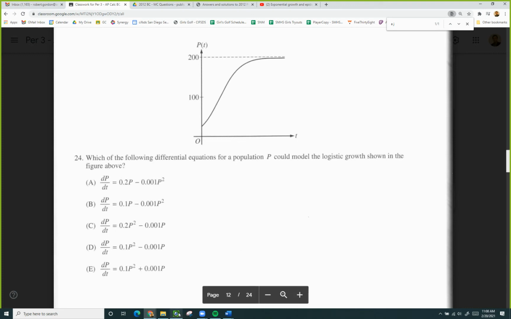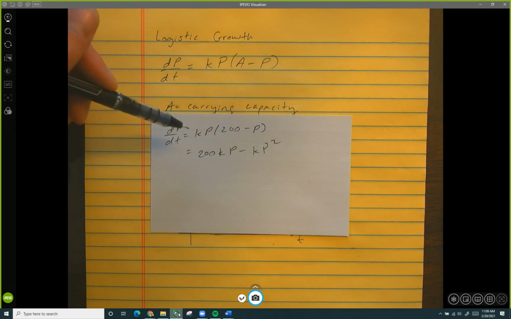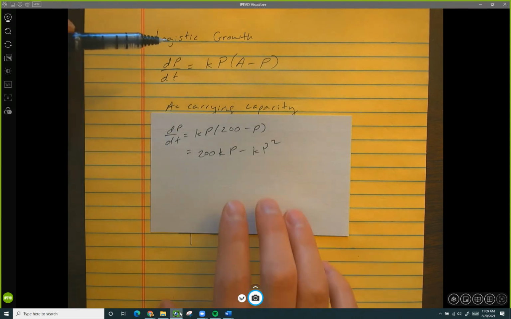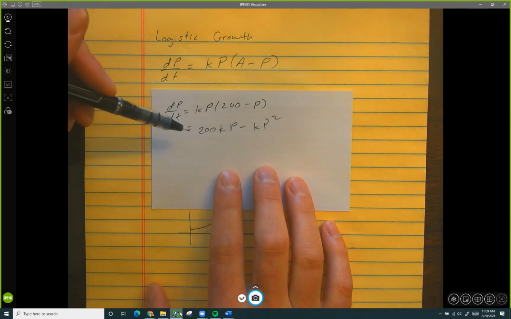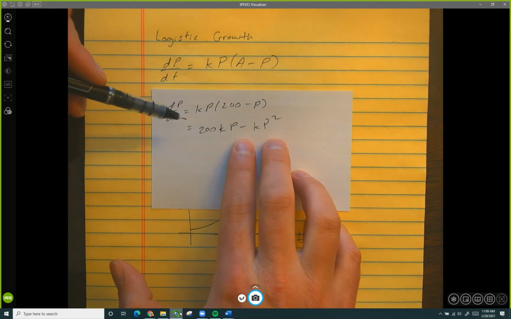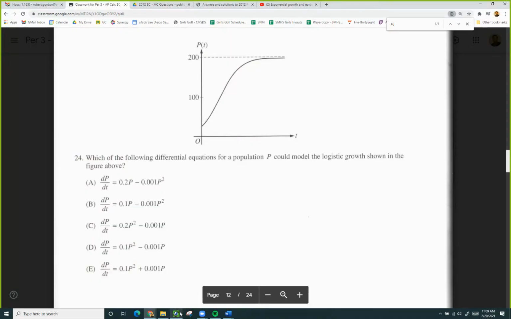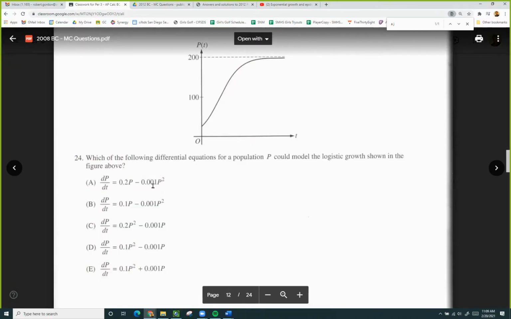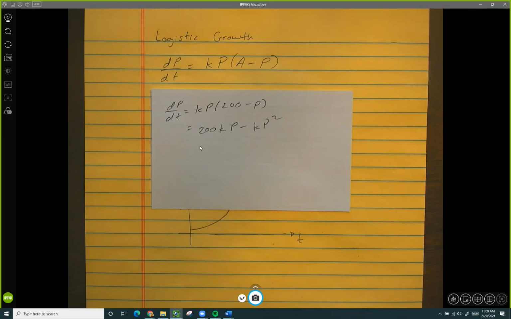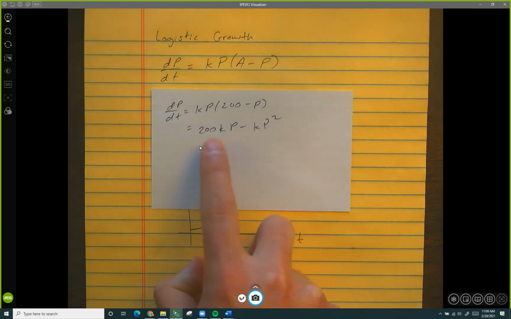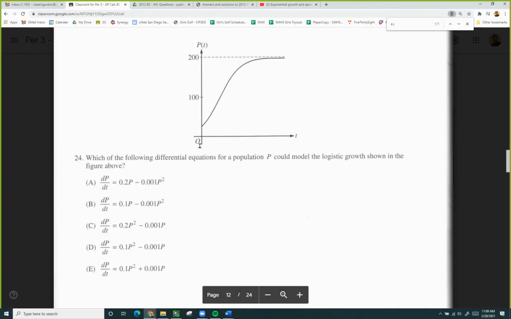Do you see what I'm saying here? kP times 200 minus P, distribute, rearrange in standard form. So you have a negative P squared for sure, which means the answer could be A or B. Then you look at the constant and say, well, it's got to be 200 times bigger. So it can't be the 0.1 and 0.001, because that's 100 times bigger.